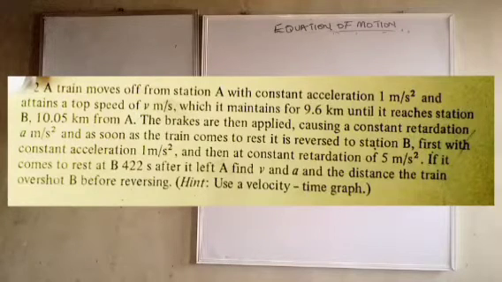If it comes to rest at B 422 seconds after it left A, find V and a and the distance the train overshot B before reversing. Hint: use a velocity-time graph.